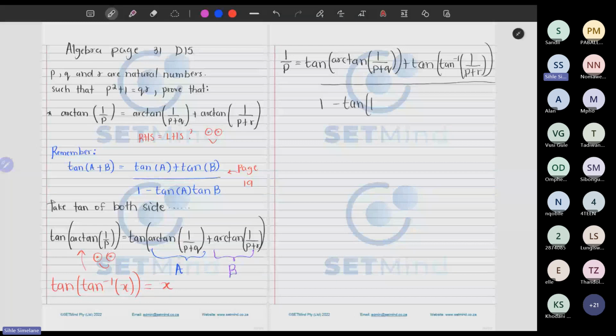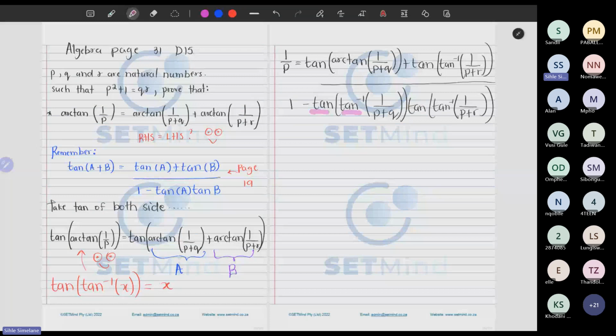So I'll have tan, I'll write my arctan in that notation, P plus Q, and then tan into arctan of, let's create some space, 1 over P plus R squared, close that bracket.